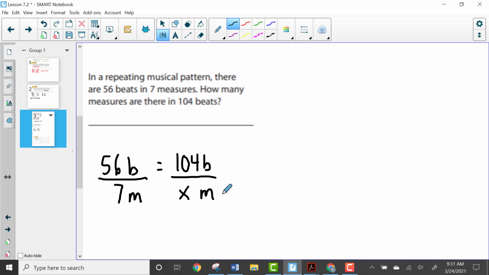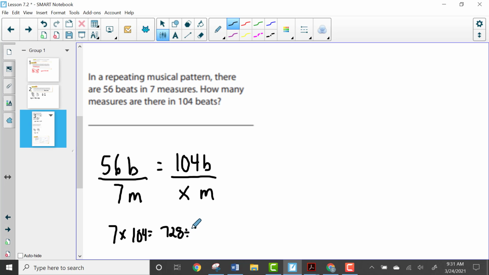So first step again, we take that 7 and we cross multiply it by 104. So 7 times 104 is going to equal 728. And then we take that 728 and we're going to divide that by 56.